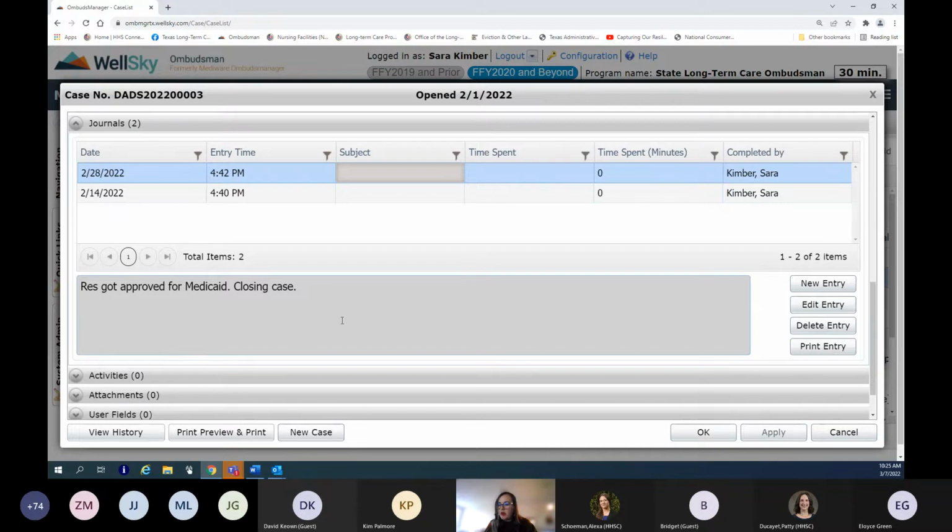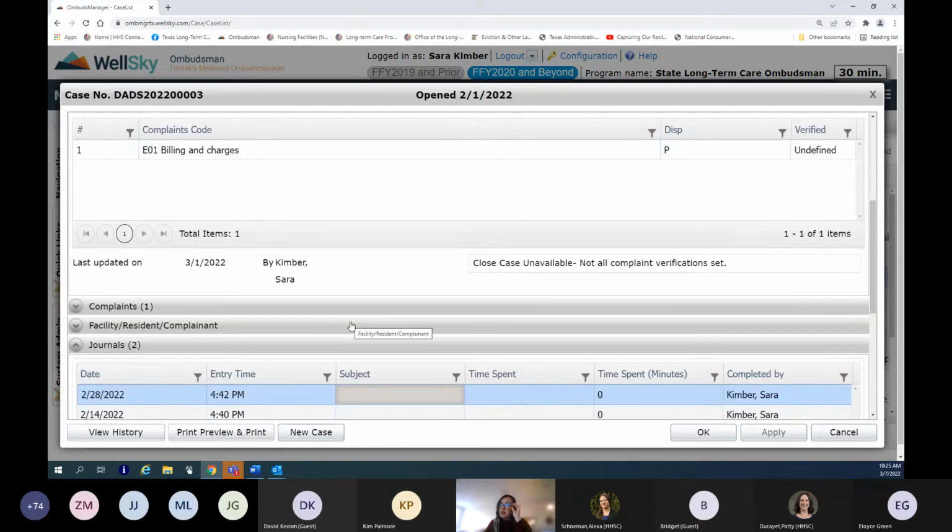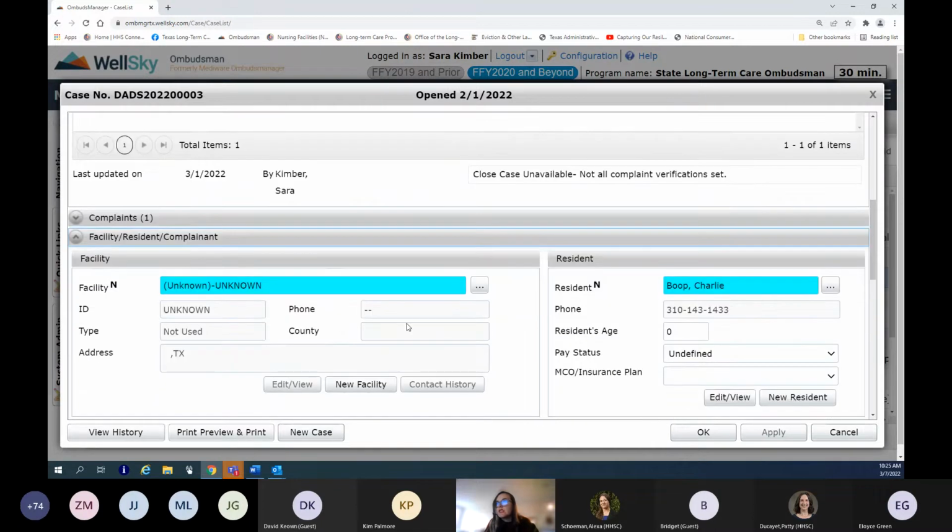And so what do y'all think needs to be in this case that's missing here? What else would you add? Just go ahead and type in the journal some thoughts and then we'll wrap it up. What else do we need? Look in here. Facility, we don't even have a facility name.